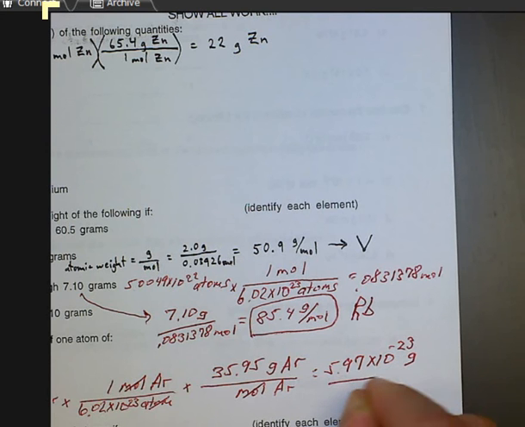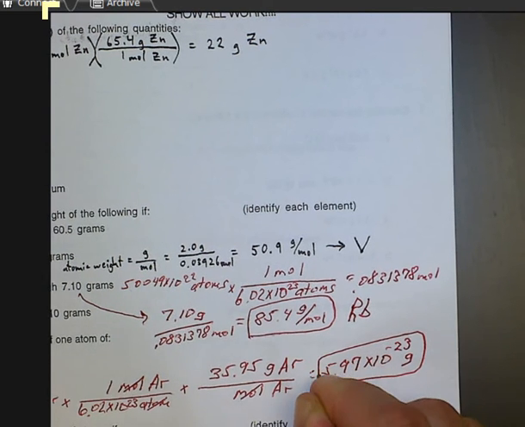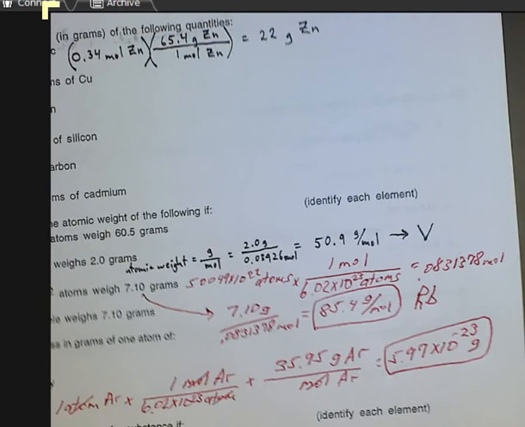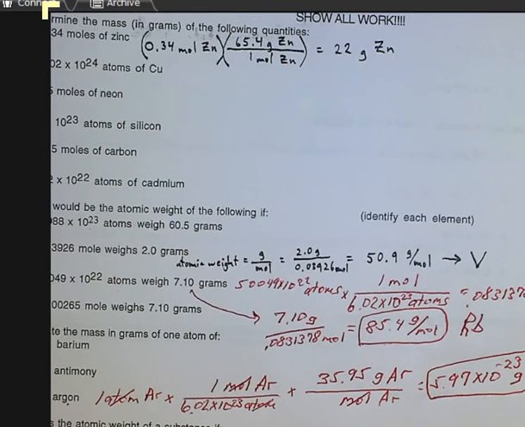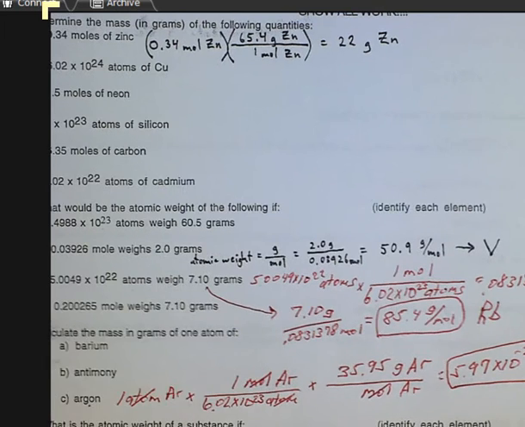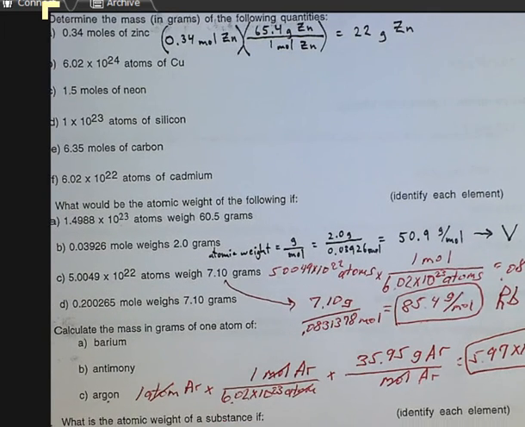Now obviously that's going to be a really, really small number because we only have one atom of the substance. Make sure your numbers make sense when you're done.